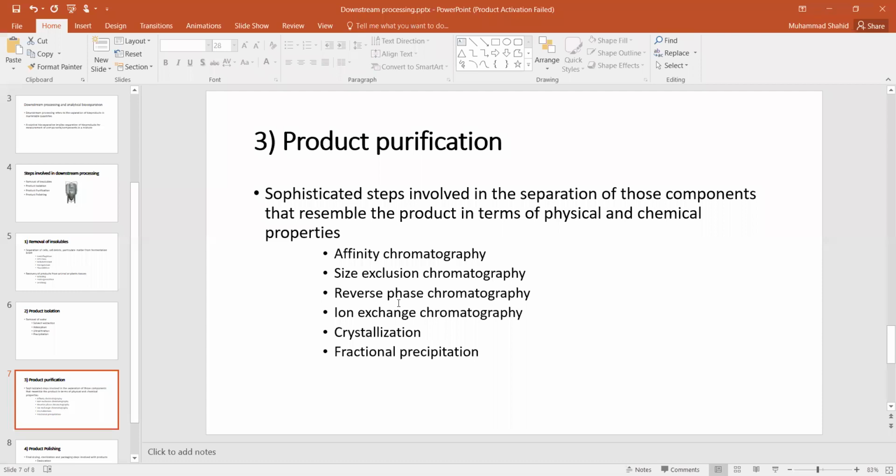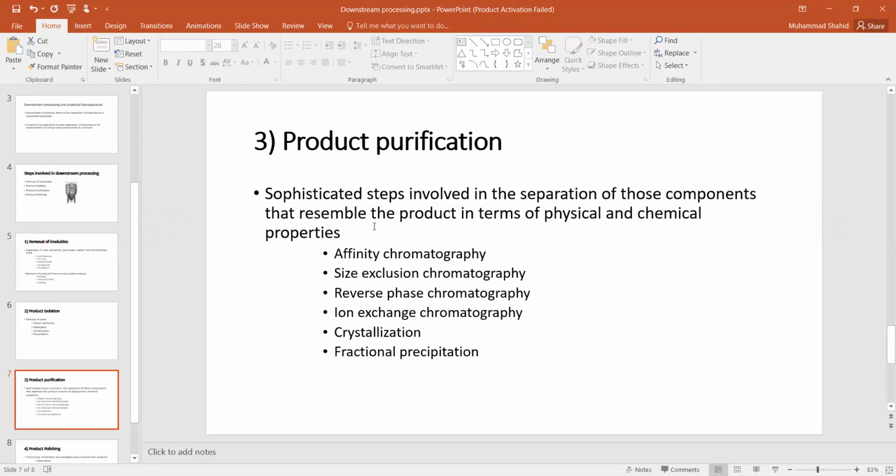Reverse phase chromatography separates the solutes on the basis of their hydrophobic interactions, like the hydrophobic interactions of the solutes that are present in the mobile phase with the ligands that are coated on the stationary phase. So this type of separation takes place on the basis of these interactions.